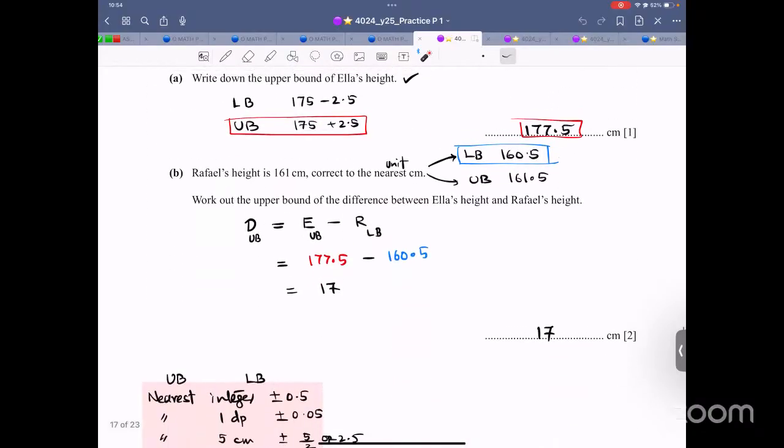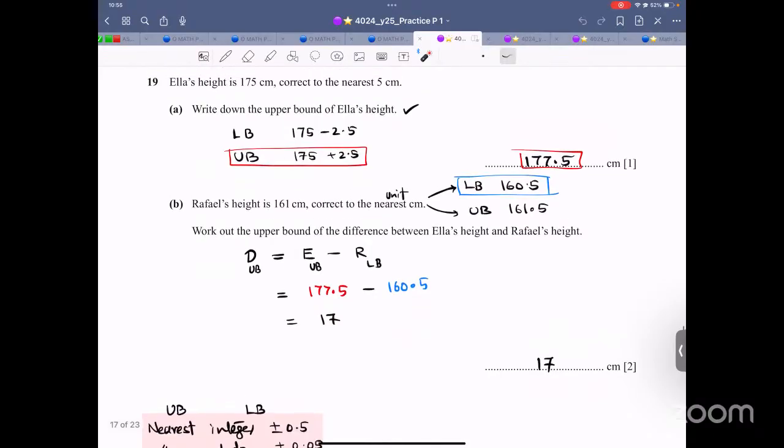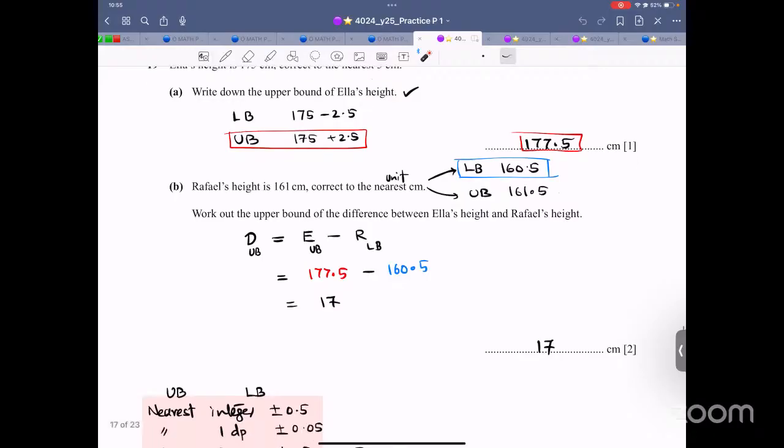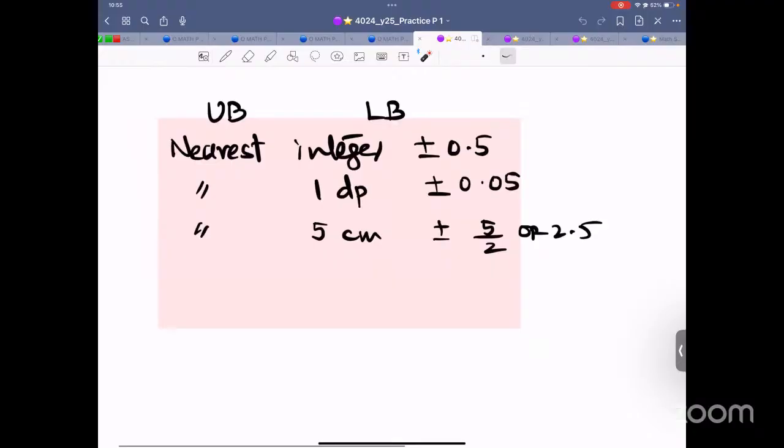So now let's talk about this thing, that is upper bound, lower bound, something very, very important. Everything is important. That is the first thing that you need to realize. And after this question, I'll go through the examiner report also. So now it says Ella's height is 175 centimeters, correct to the nearest 5 centimeters. Write down the upper bound of Ella's height. So this is the rule that you need to remember.